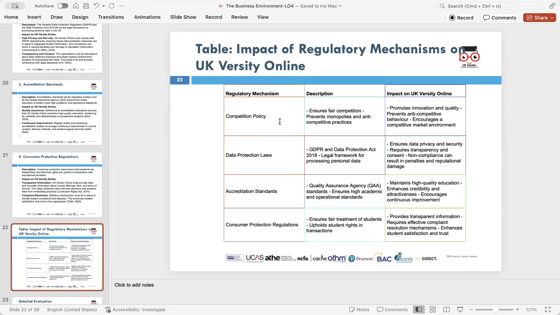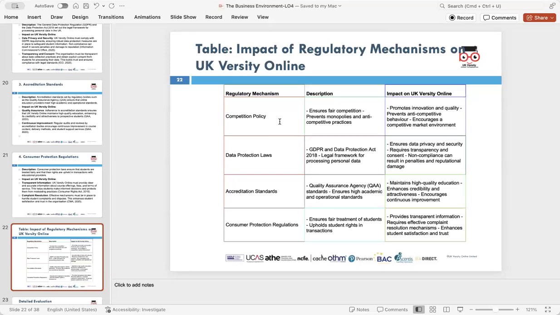Data protection laws: the GDPR, or General Data Protection Regulation, and the Data Protection Act 2018 provide a legal framework for processing personal data in the UK. These laws have a significant impact on how UK Varsity Online manages students' data.